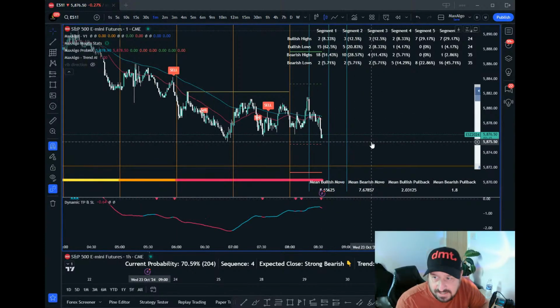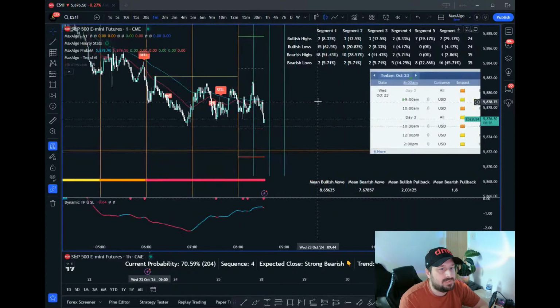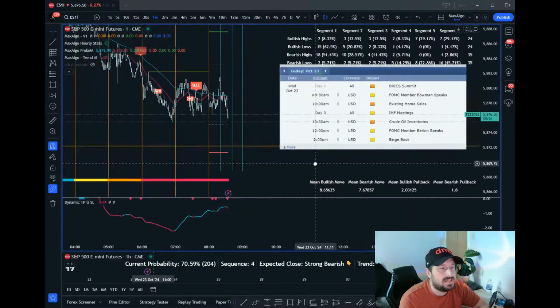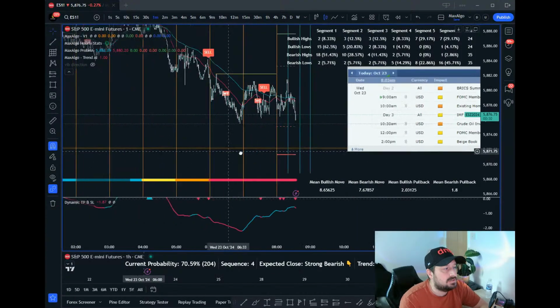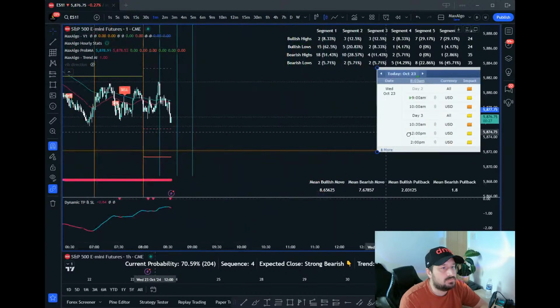But we'll cover all the indicator anyway today. That's the whole part of today's thing, is to go through all the different settings. I'll give you a heads up on what news we've got today. So we've got crude at 10:30. Let's move that out of the way for now.